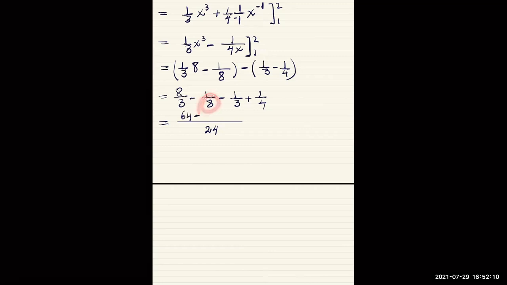To make this a 24, you multiply 1 by 3. Then multiply that by 8. And that has to be multiplied by 6. So 64 minus 3 is 61. Then I have a minus 8 plus 6 minus 2. So 61 minus 2 is 59.